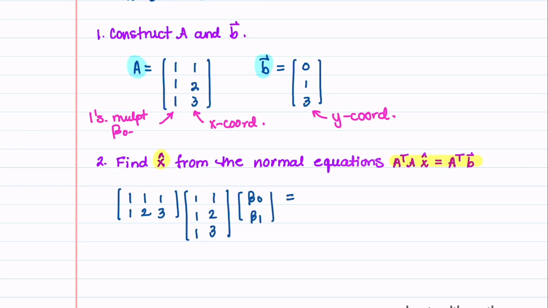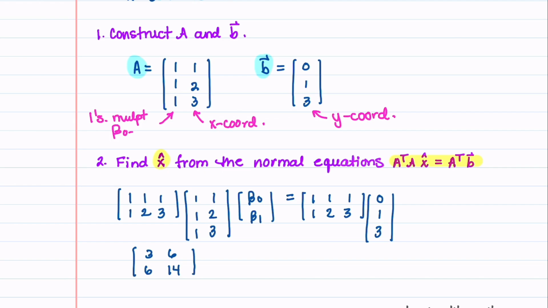And then on our right-hand side, we have A transpose, which we already found on the left, 1, 1, 1, 1, 2, 3. And then this is going to multiply our b vector, which is our y coordinates, 0, 1, 3. When we multiply A transpose times A, we're going to get the matrix 3, 6, 6, 14.